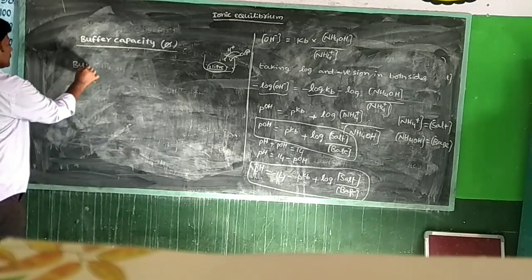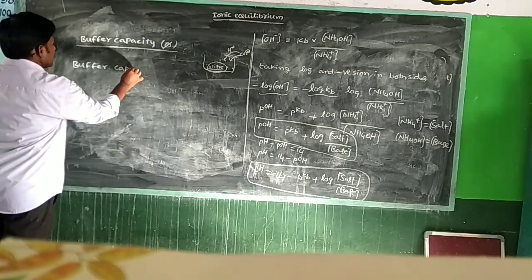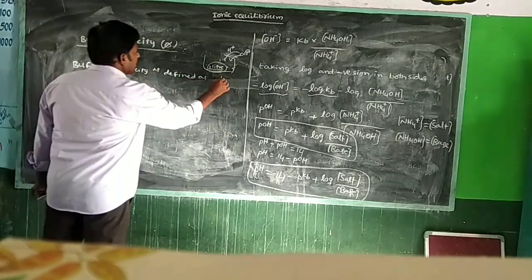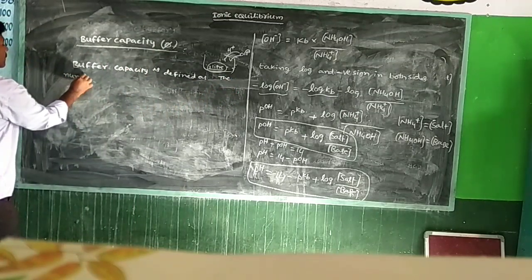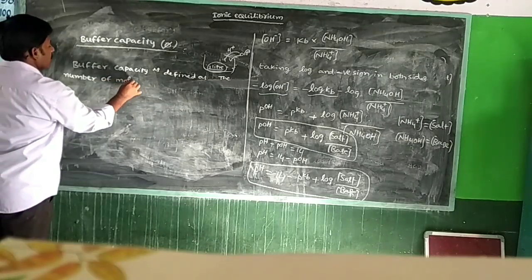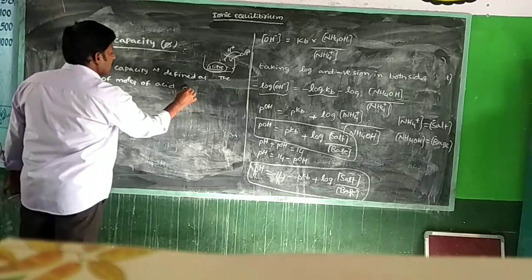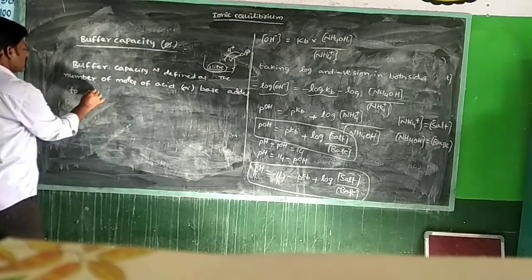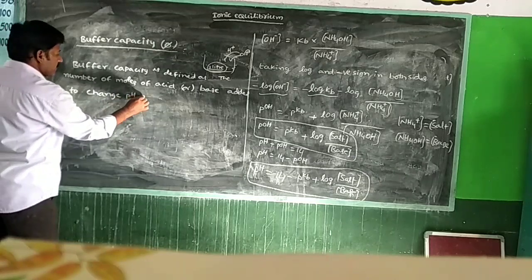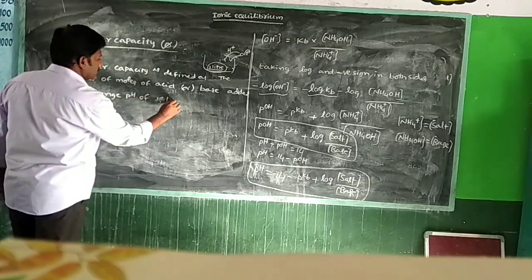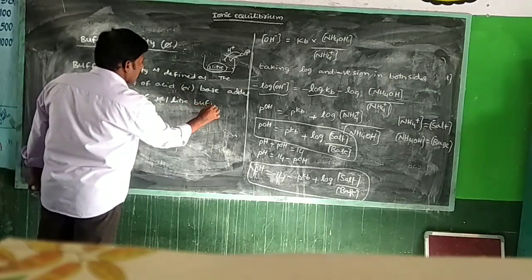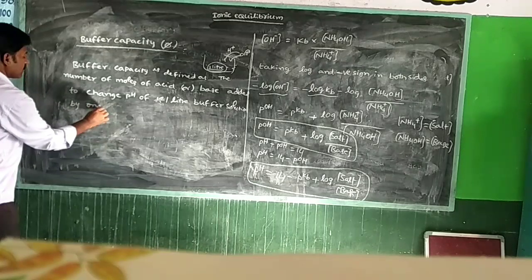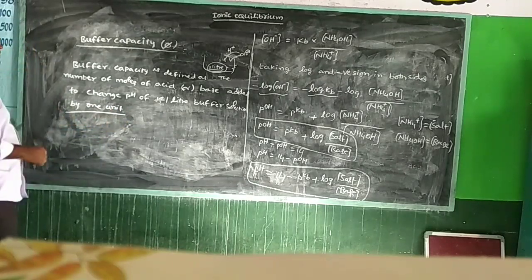Buffer capacity is defined as the number of moles of acid or base added to change the pH of 1 liter of buffer solution by 1 unit. That is called buffer capacity.